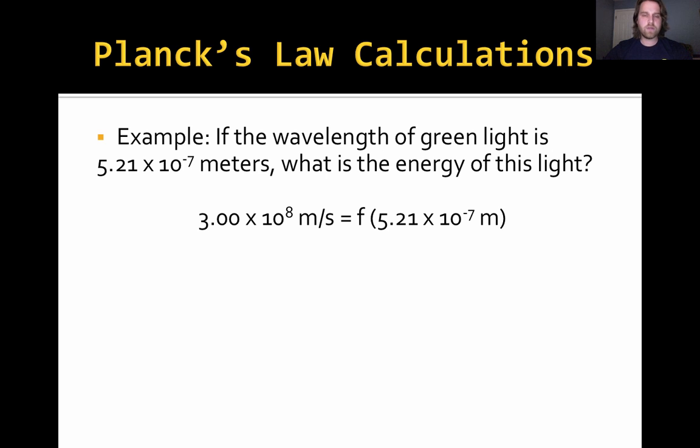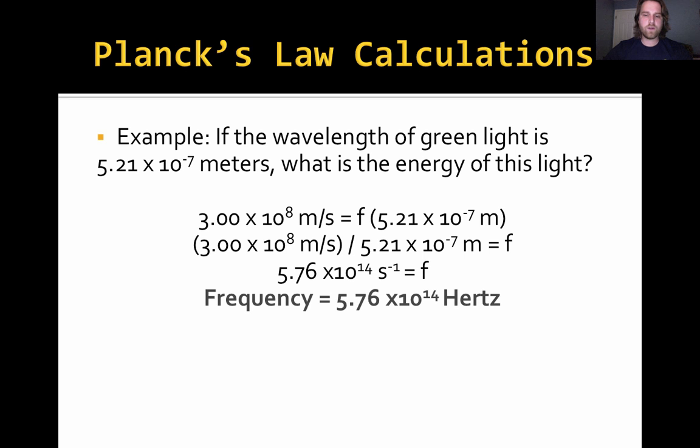We do speed of light, 3 times 10 to the 8th meters per second, equals frequency times the wavelength that they give us here, which is 5.21 times 10 to the negative 7. Okay, you're going to rearrange the equation to solve for frequency, and you end up getting a frequency of 5.76 times 10 to the 14th hertz.